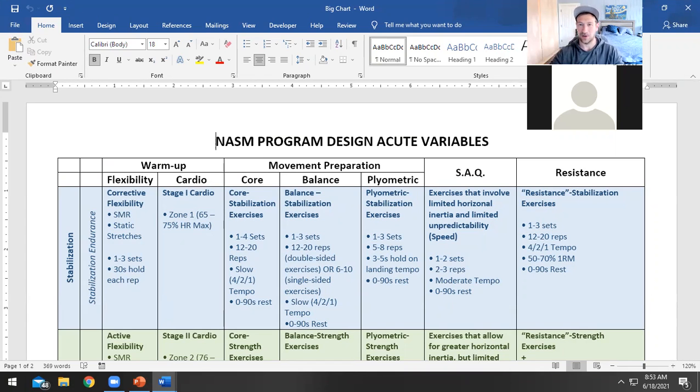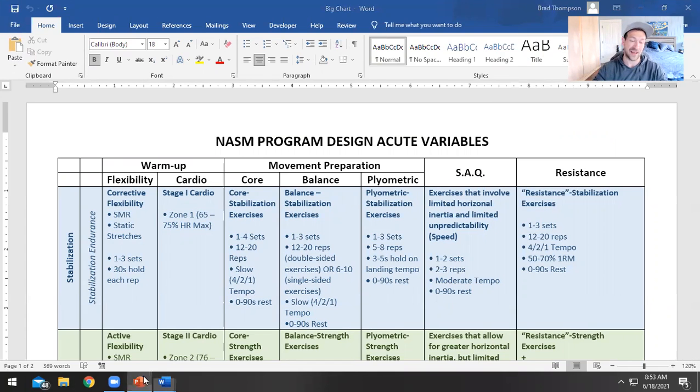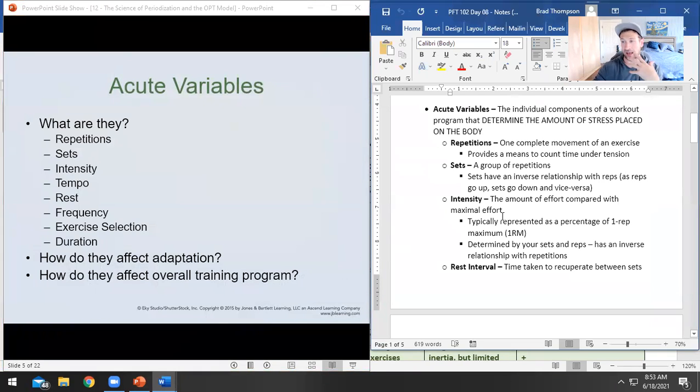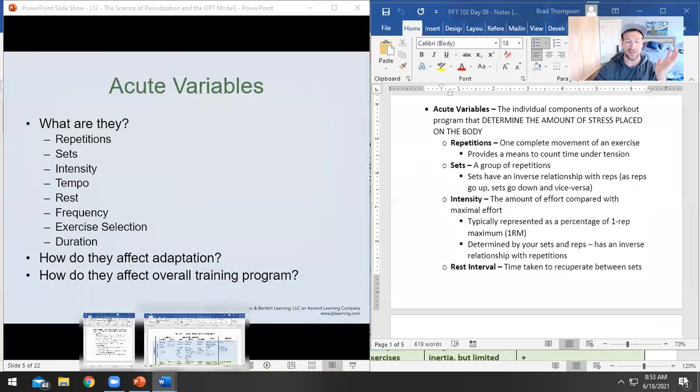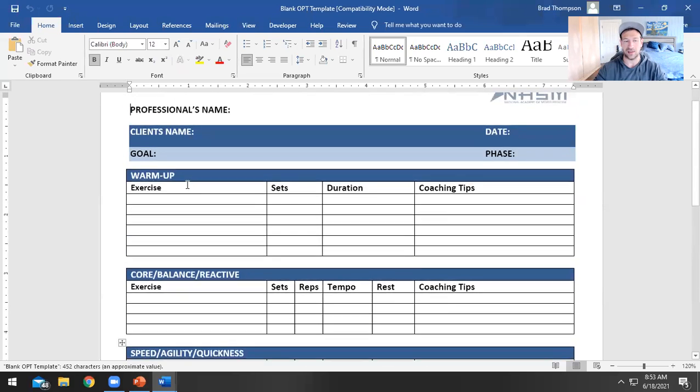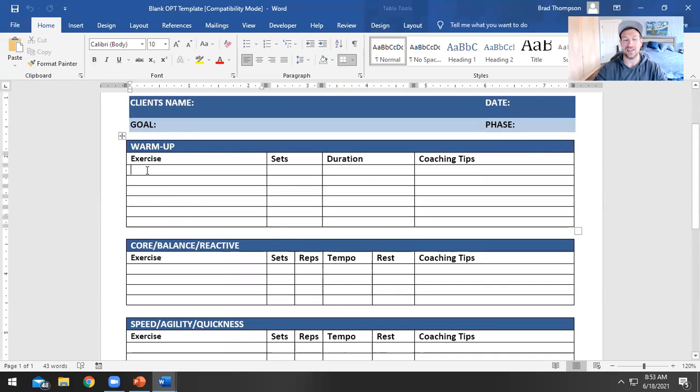So in your textbook, a lot of what we've talked about until now is just exercise selection, right? We talked about what exercises you're supposed to pick for clients who are in the stabilization level versus the strength level versus the power level. We've just talked about where to put things. Like if your client is in stabilization, we do SMR and static stretches, right?